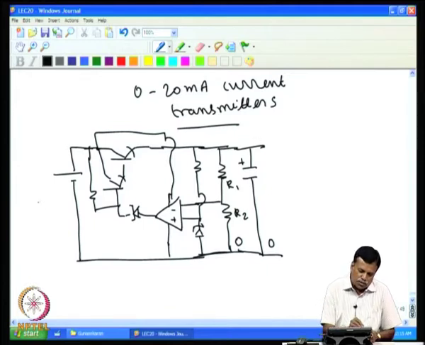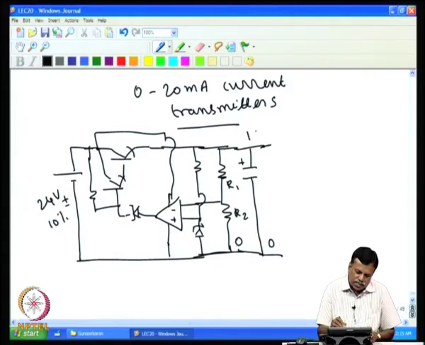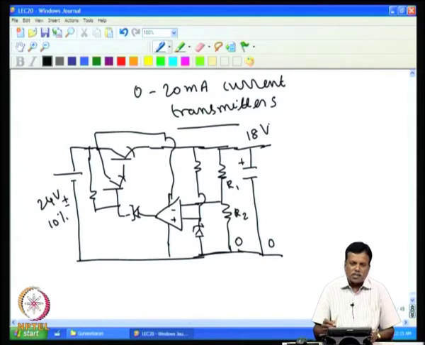For example, if it is a 24 volt supply with plus or minus 10% variation, then the voltage can be kept at 18 or 19 volt regulated, because we need to drive 600 ohms at 20 milliampere later in the current transmitter. So, we need this kind of voltage at this point.